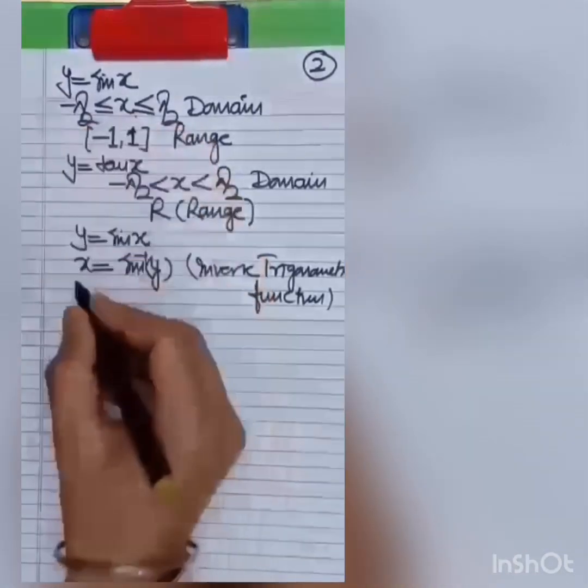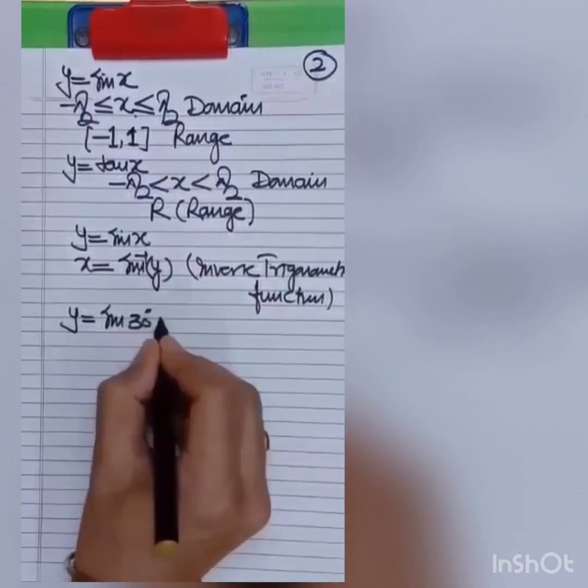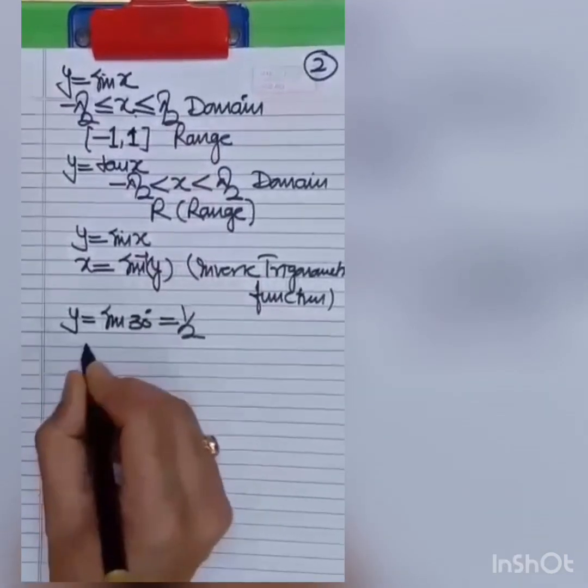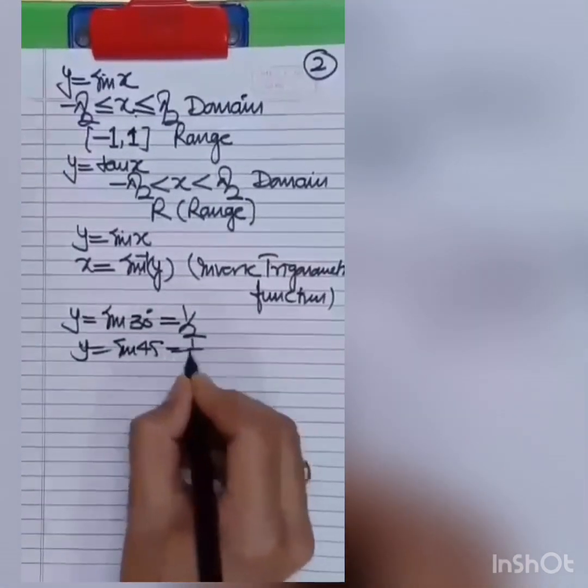In the case of a trigonometric function, if we put 30 degree in sine, we will get the value half. If we put sine 45 degree, we will get 1 by root 2.